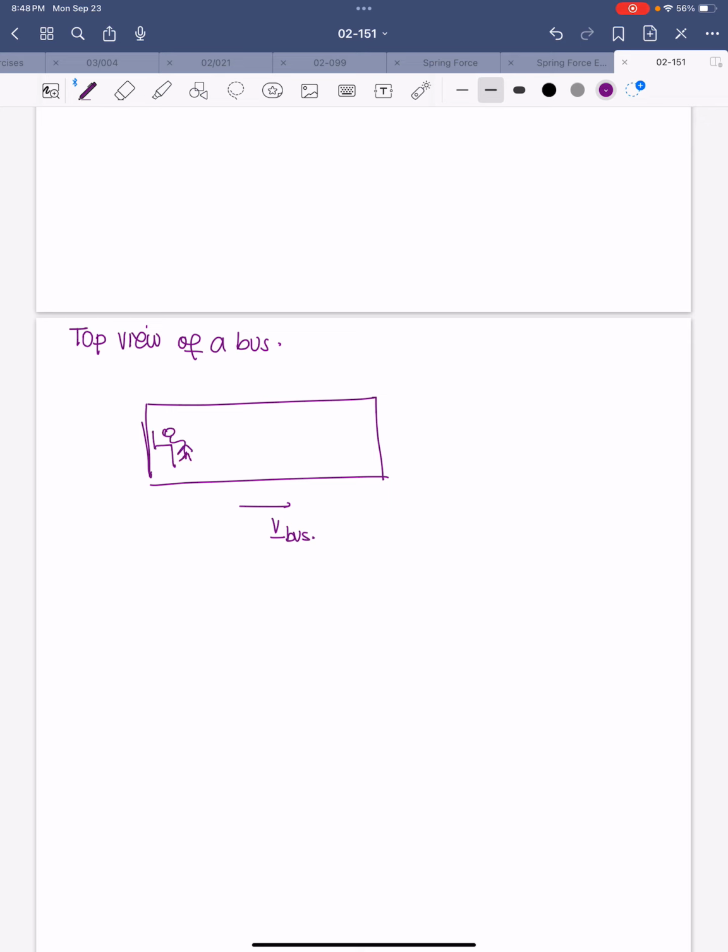So they're fixed on the bus, and then there's another person that's walking on the bus. Say they're going sideways. EX, EY. Okay, so this is person A and this is person B.